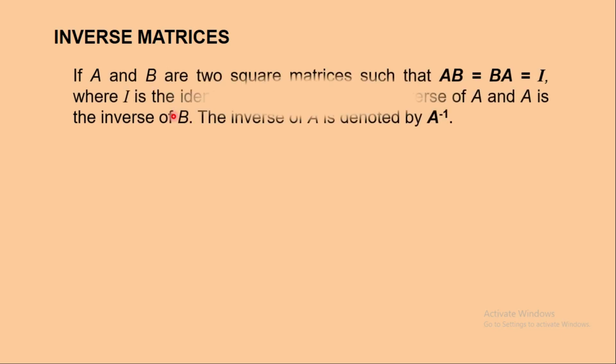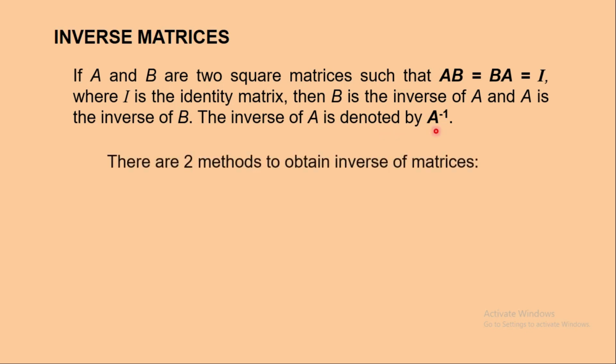Now we are going to discuss inverse matrices. If A and B are two square matrices such that A multiplied with B equals B multiplied with A equals I, where I is the identity matrix, then B is the inverse of A and A is the inverse of B. The inverse of A is denoted by this symbol.